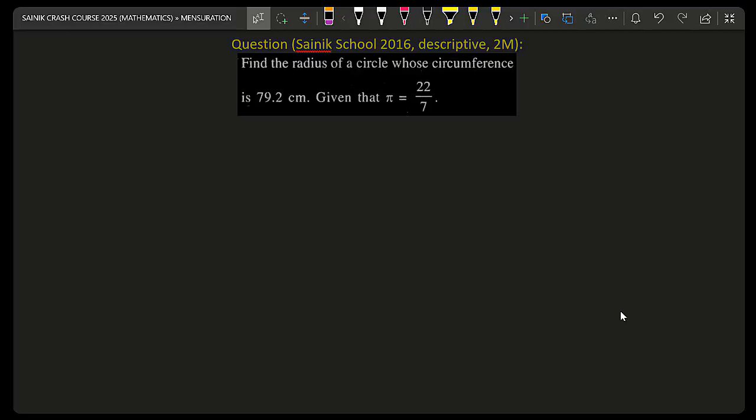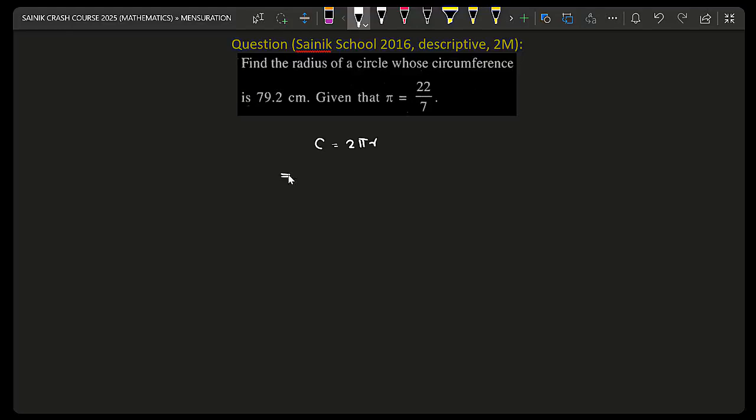What is the relation between circumference and radius, you know? Circumference formula in terms of radius. 2 pi r. Yes, we can say C is equal to 2 pi r.